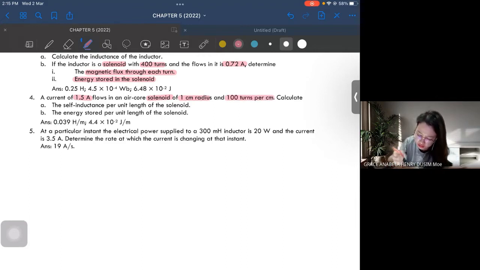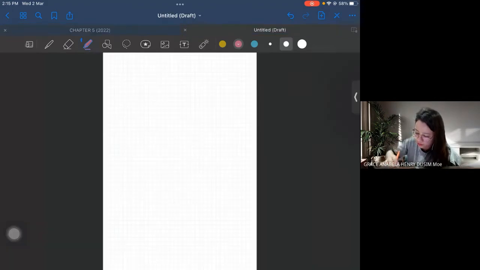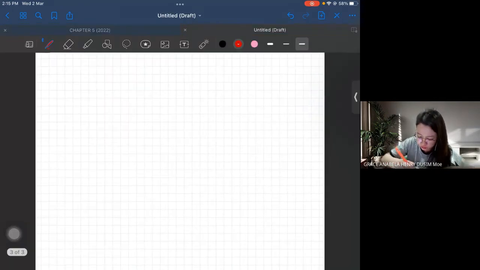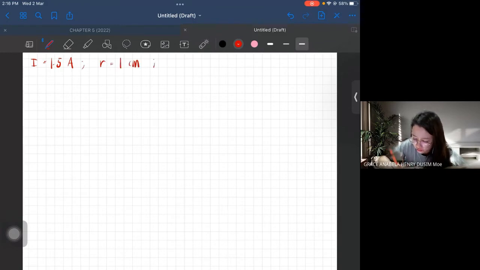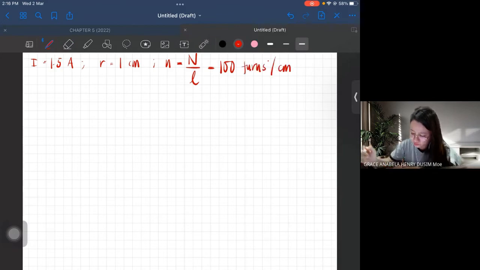We have to calculate the self-inductance per unit length and the energy stored per unit length also. All of this is over L. So given is the current 1.5 ampere, the radius 1 centimeter, and N, the number of turns per length, which is 100 turns per centimeter. So that is the information that we have.